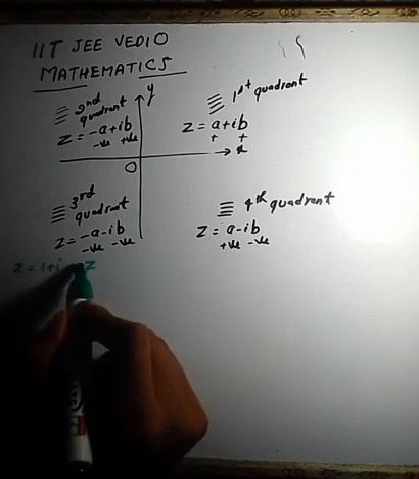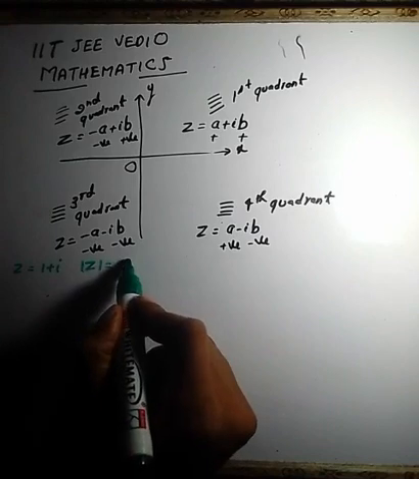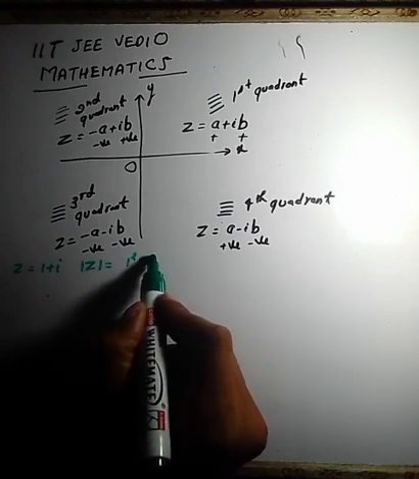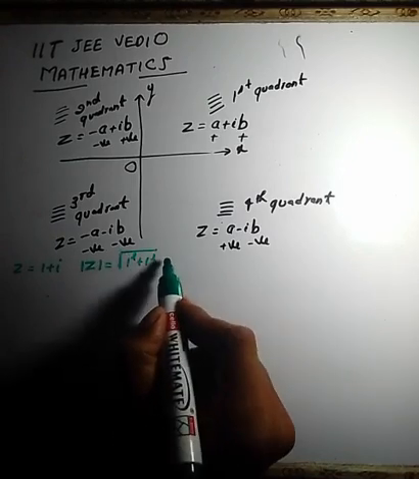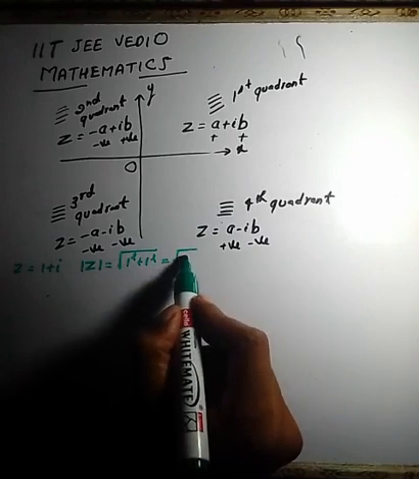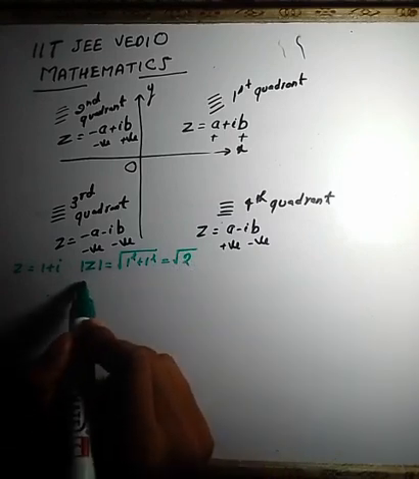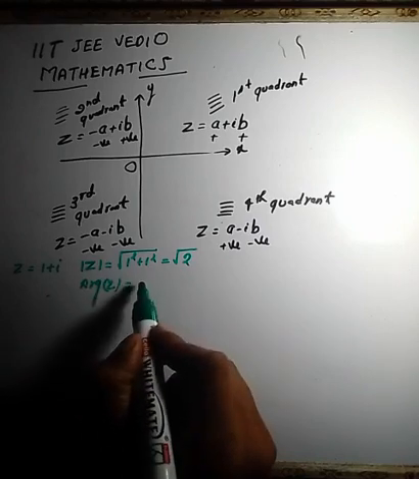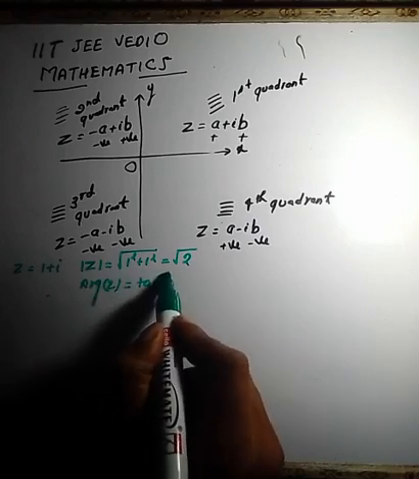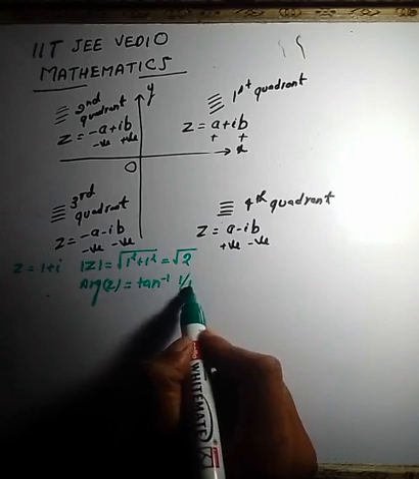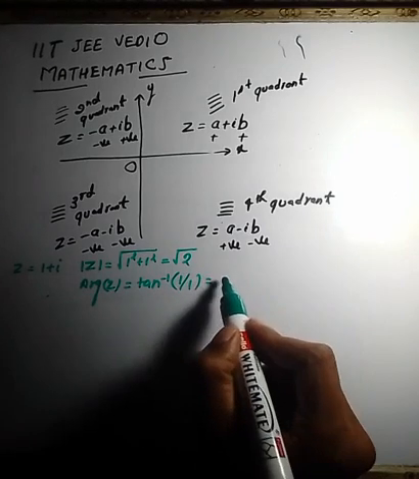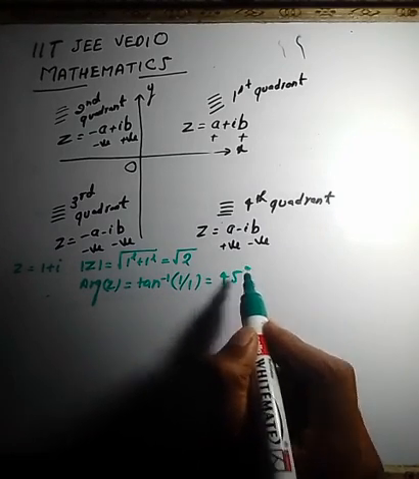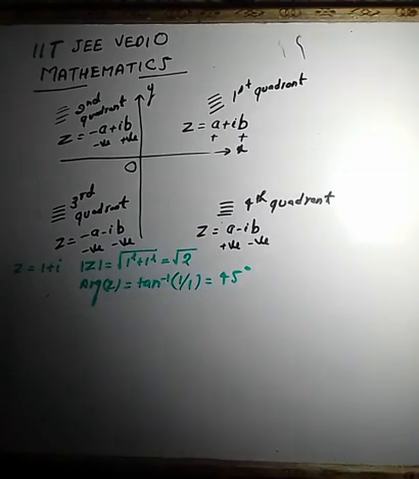So modulus of z equals to square root of 1 square plus 1 square, then it will be root 2, and argument of z will be tan inverse 1 upon 1 equals to 45. Okay, I think it's very easy.